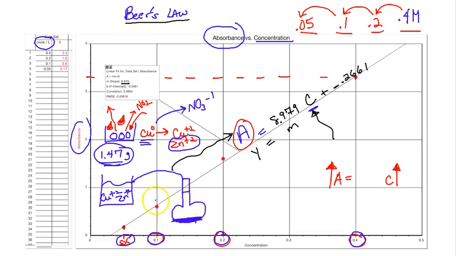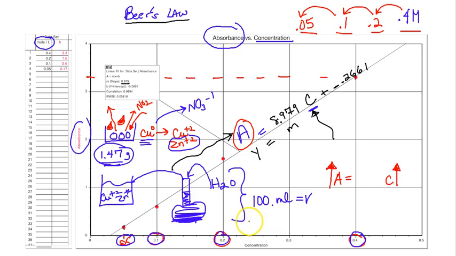Once we made sure all the ions and liquid was in here, we added H2O and diluted this to the 100 milliliter mark. Now, why did we do all that? Well, that will give me 100.0 milliliters of solution. That's my volume.